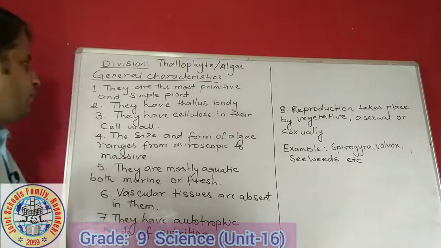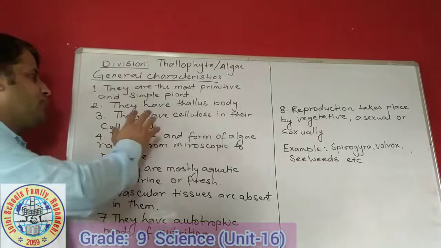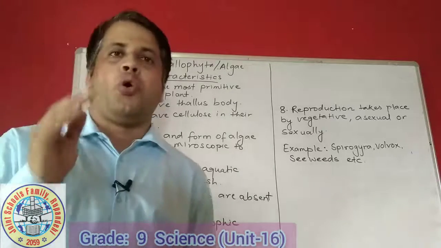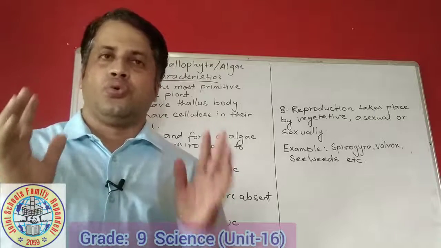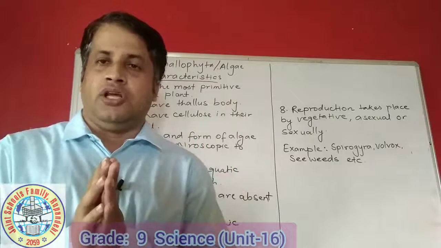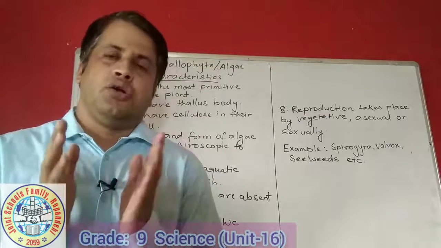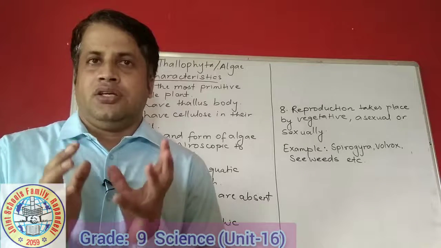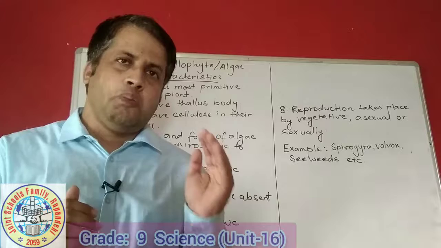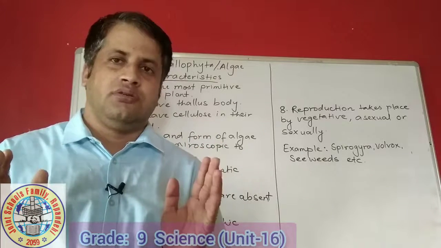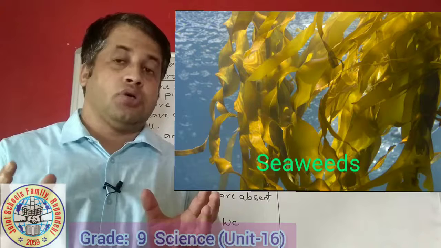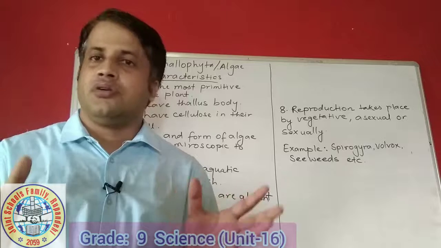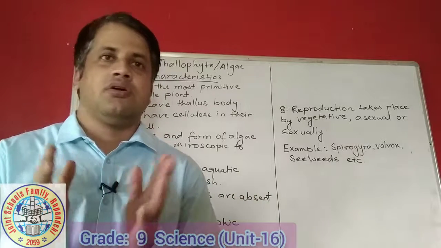Second, as I have already told, they have a thallus body, that is, their body is not differentiated into root, stem or leaves. Generally they are known as algae. Is it clear? In Latin, algae means seaweeds, as most of these plants are found in aquatic habitats or the sea.